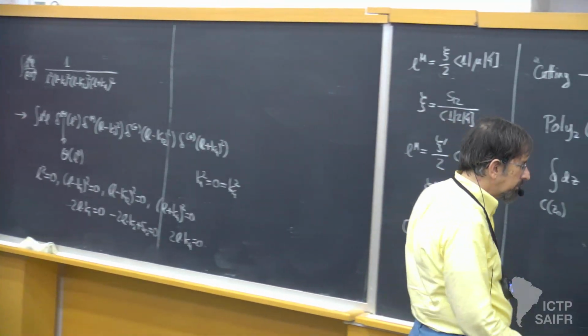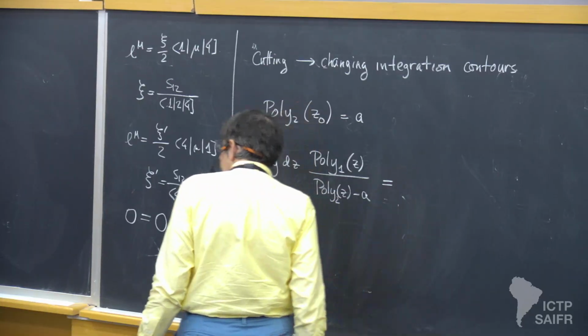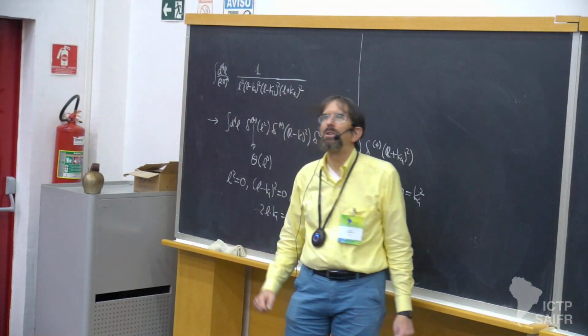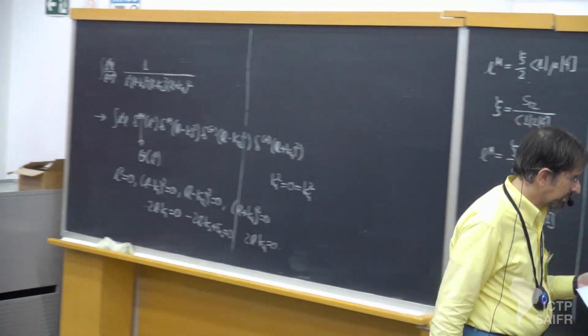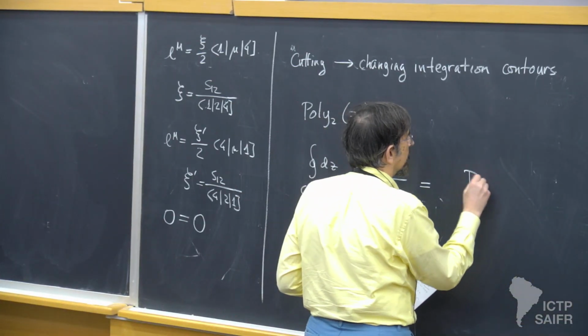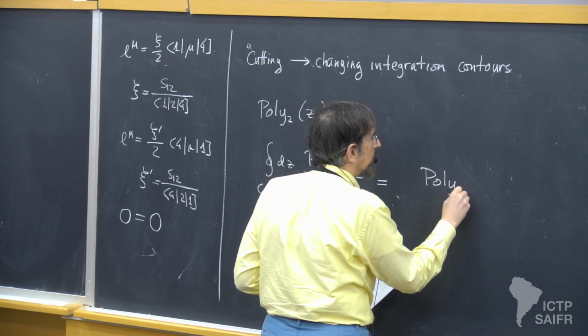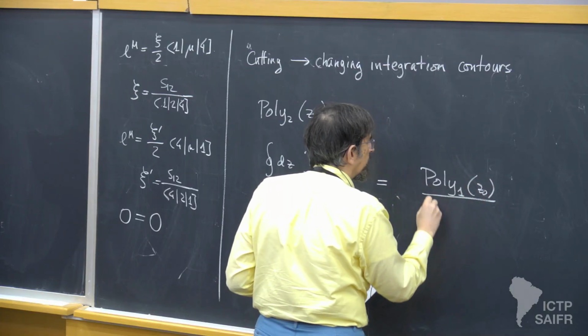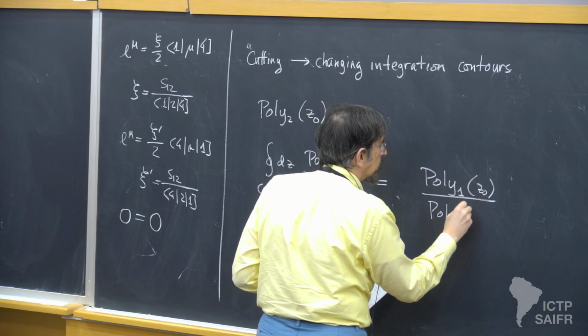Now, I assume that your complex analysis course is not so far in the past that you can't do this integral. But what you'll find when you do it is that you get the following expression.